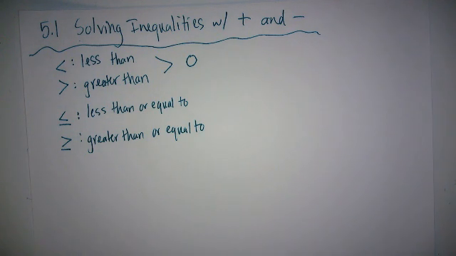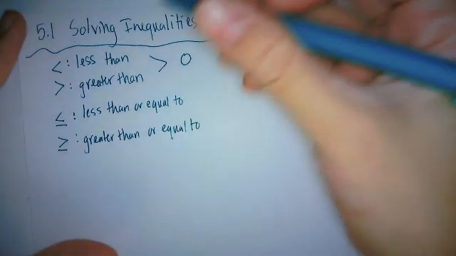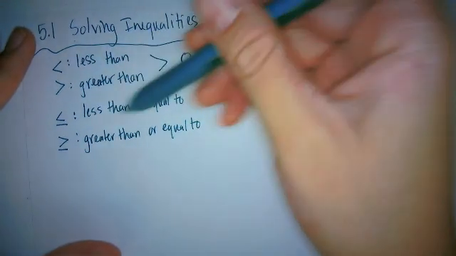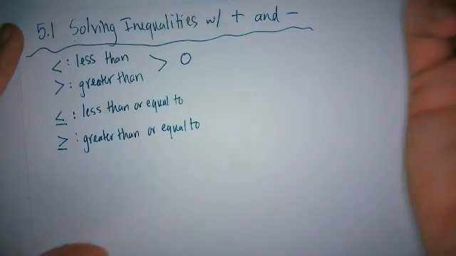Okay, with these signs, we're also going to have to convert word problems. Okay, so we also have a few other keywords for these. Okay, so less than or equal to, right, is this, greater than or equal to.